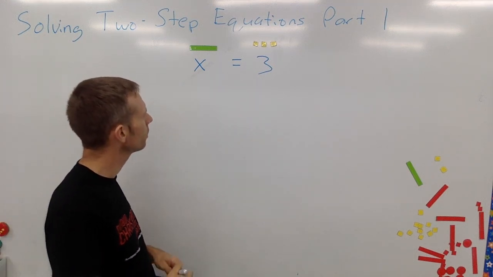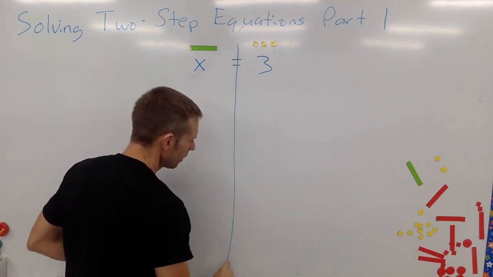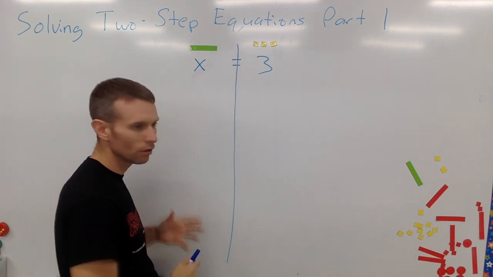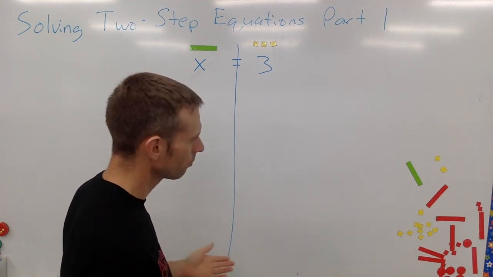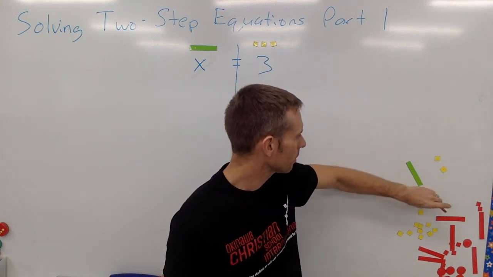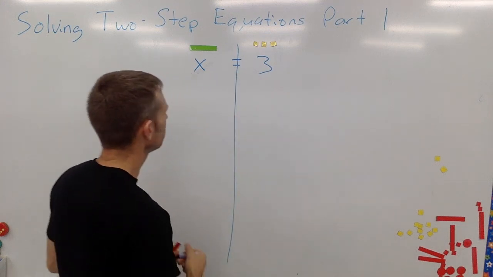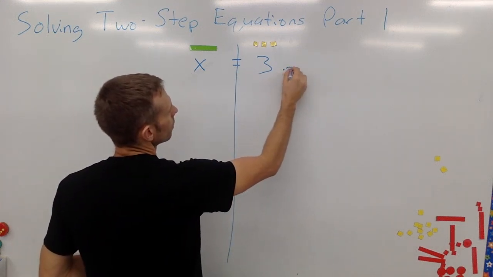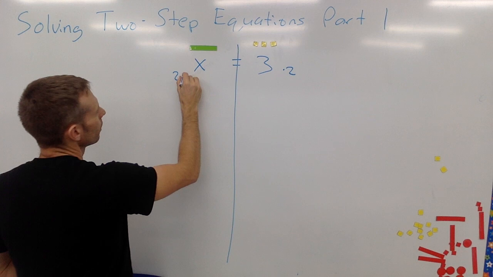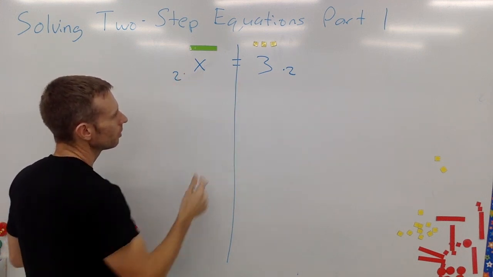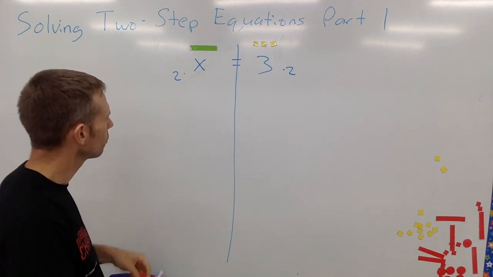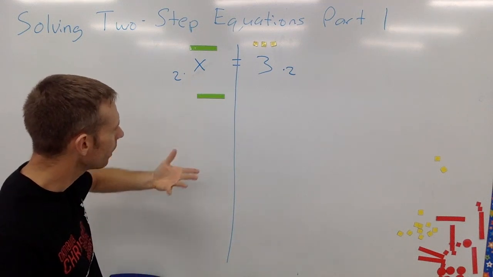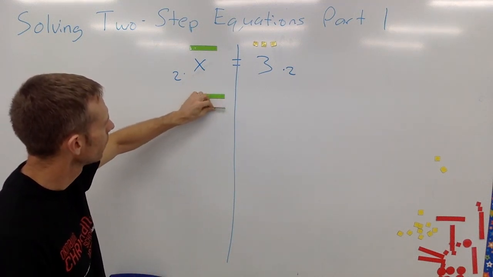singles. So x equals 3, and in balancing equations, whatever I do to the left side, I have to do to the right side. So I'm going to multiply both sides by 2. If I double this side and I double this side, it should still stay a balanced equation.